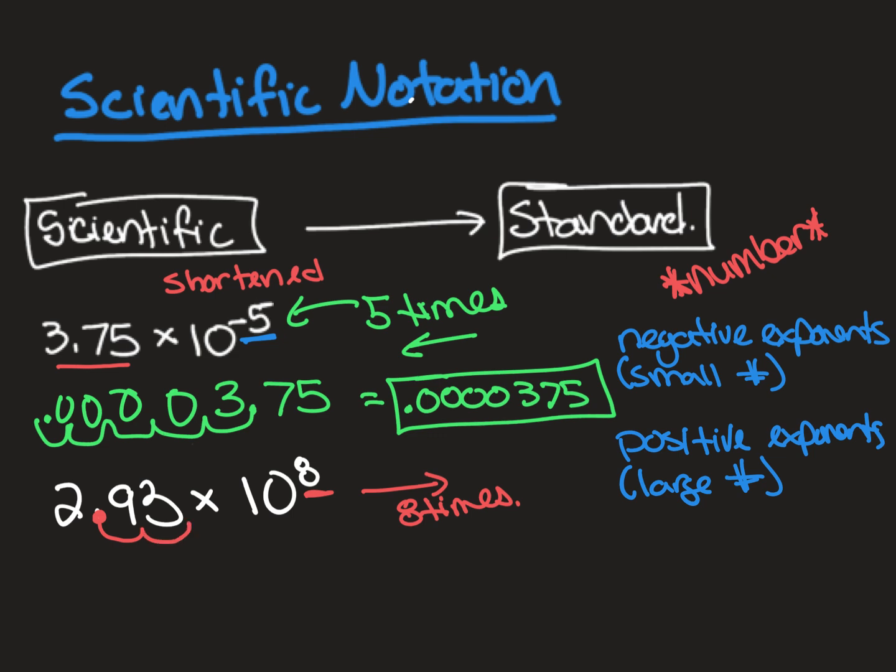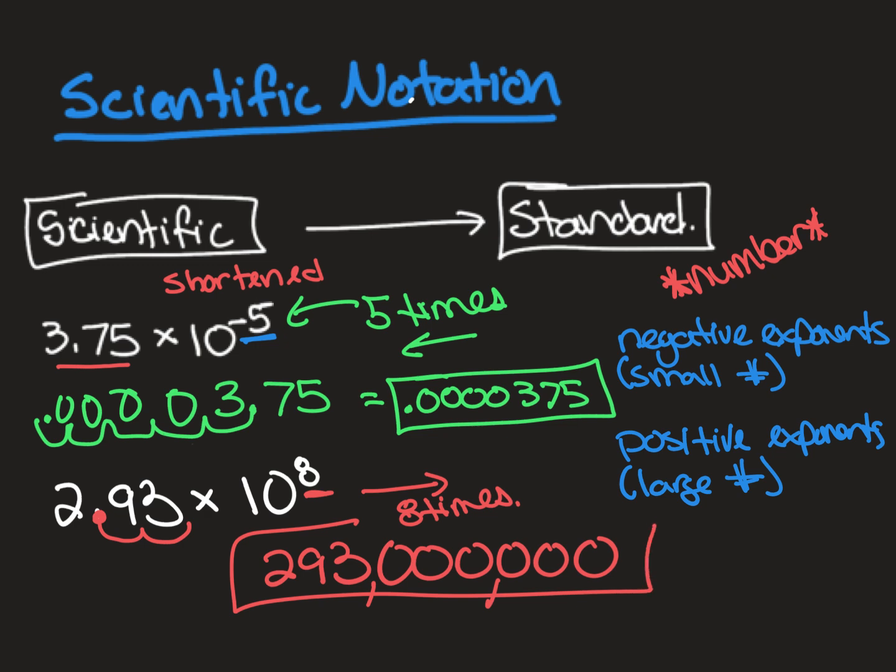There's 2 numbers for me to move, but I still need to move it 6 more times. So that's where the zeros come in. So there's my 1, 2, 3, 4, 5, 6, 7, 8. So as you can see, this is a very large number. And this is where we would stop. Again, standard form is just a fancy way to say our large number.